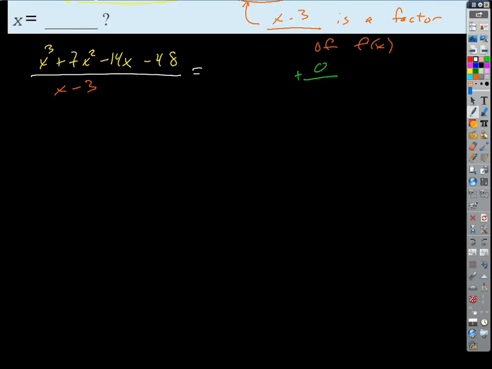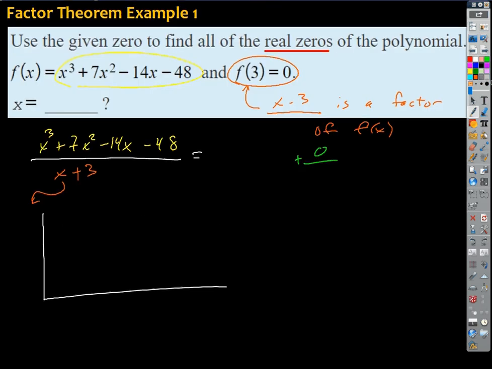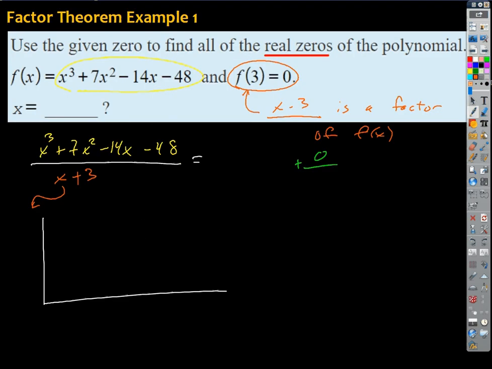So what's that going to look like then? If I do my synthetic division process, what number goes out front? Negative 3. That should have been a plus, shouldn't it, actually? Because I'm doing x, oh, no, actually, hang on. It was right. I messed that up. What number goes out front? 3. Okay, because that's the 0. That's what goes out front.